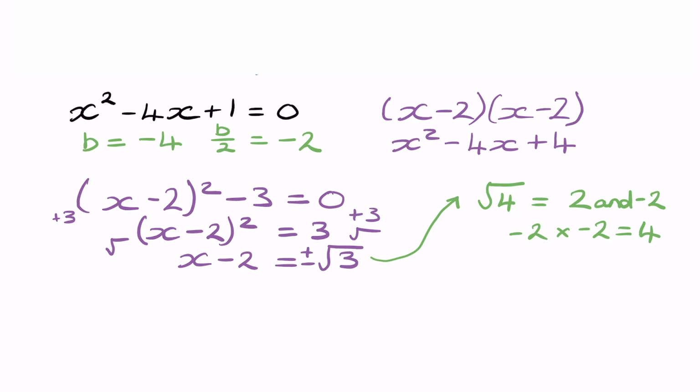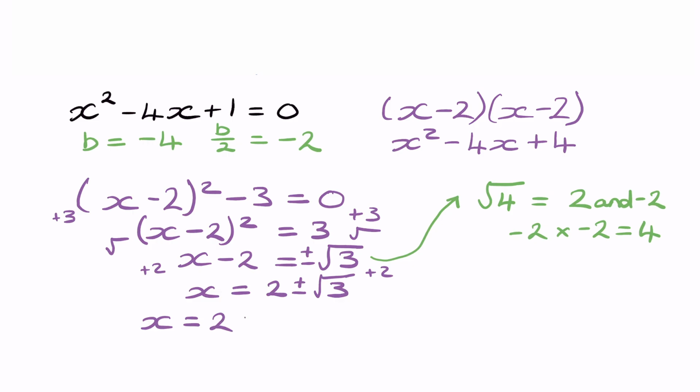And the way you present in completed square form is you just leave it like this. Now we need to move this -2. We're going to add 2 to both sides, and that will result in x equaling 2 plus or minus root 3. And you can either leave your answer like that or write it out as 2 separate terms. So x equals 2 plus root 3 and x equals 2 minus root 3.